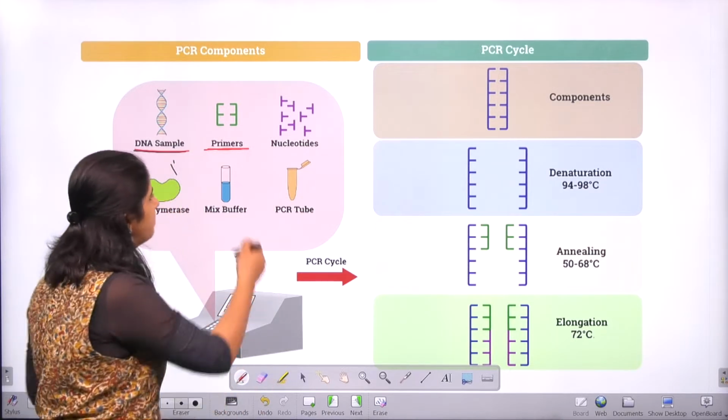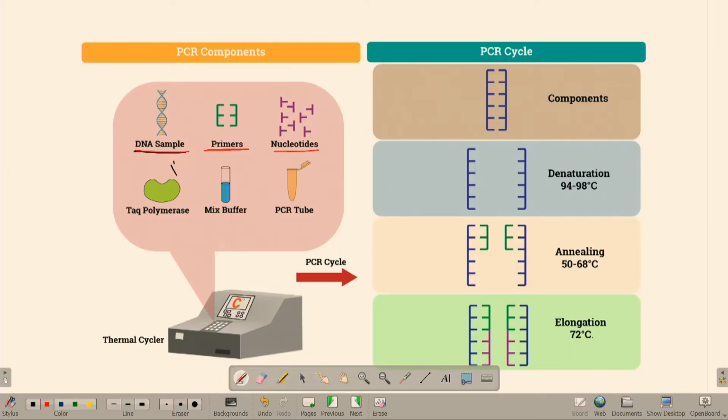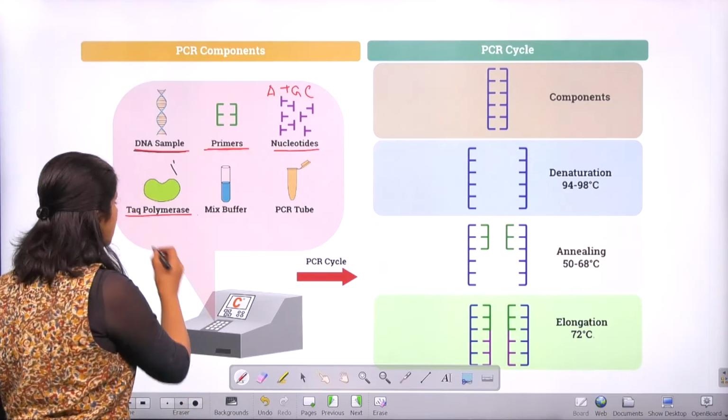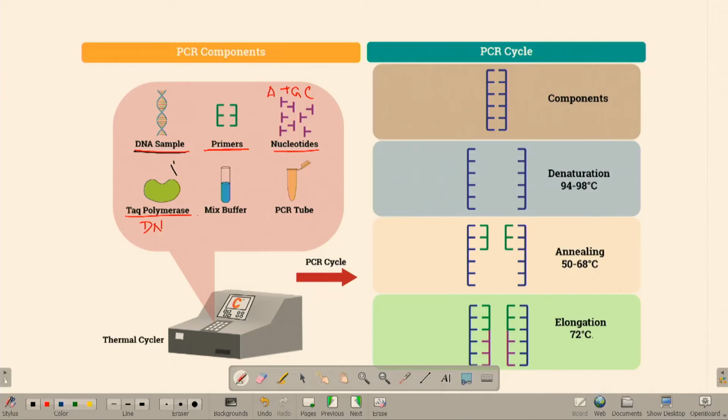So we need a primer, and definitely we need nucleotides. What nucleotides will we use here? Since it's DNA, adenine, thymine, guanine and cytosine, right? We need nucleotides and we need Taq polymerase. Taq polymerase is nothing but a DNA polymerase, right, to synthesize the DNA strand, and we need a mixed buffer and a PCR tube to put in this PCR machine, right?